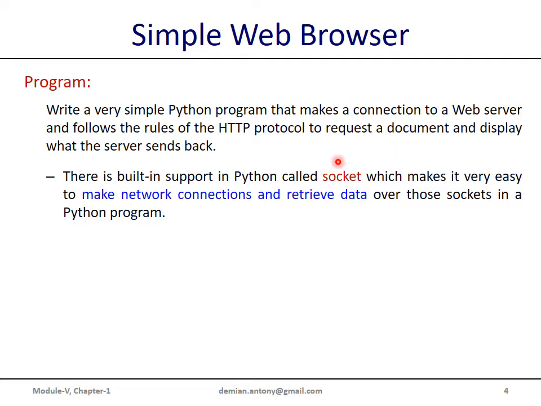In order to write a program to access the resource found at a remote server, there is built-in support in Python called socket, which makes it very easy for the programmer to make network connections, and through these connections we can retrieve the data from the remote server.